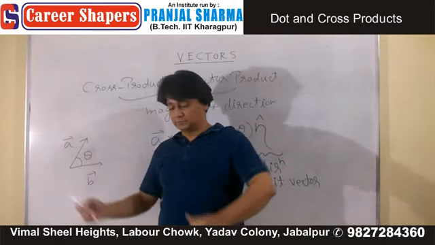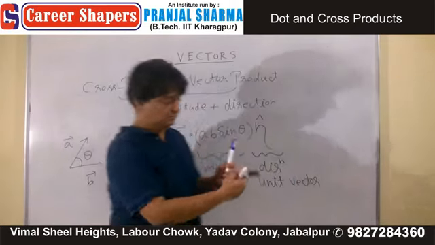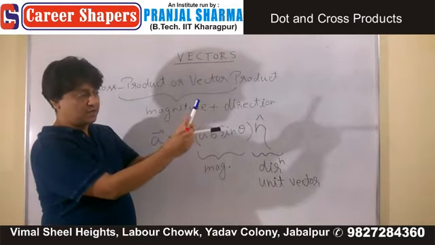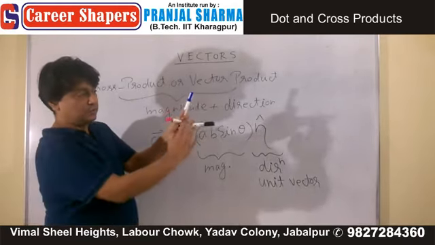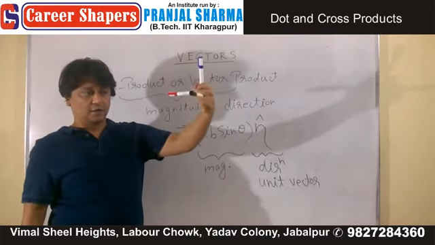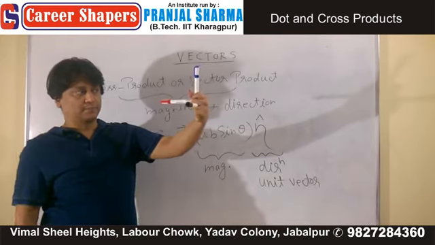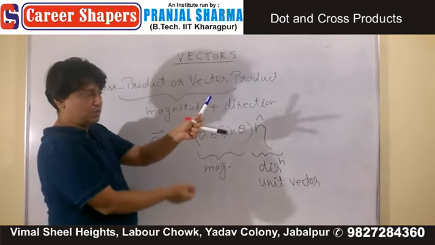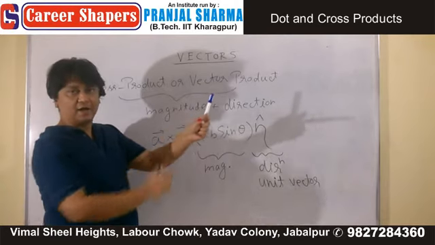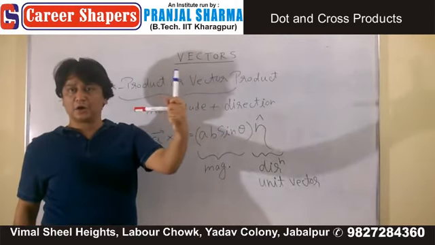If you have two vectors and you choose a third vector like this, then this red vector, if you can see, let's see one by one. This red is perpendicular to blue.